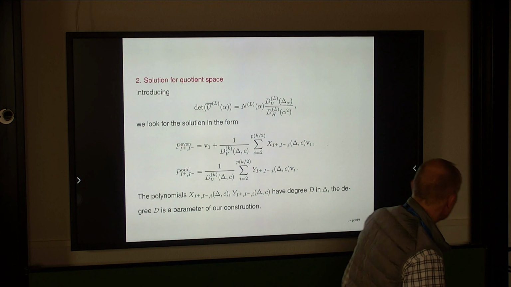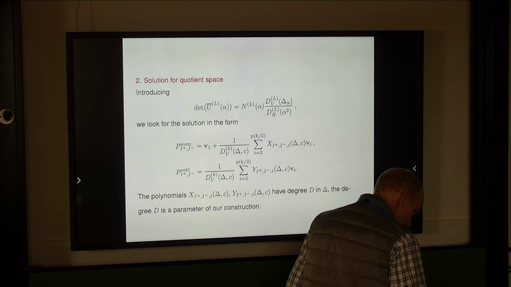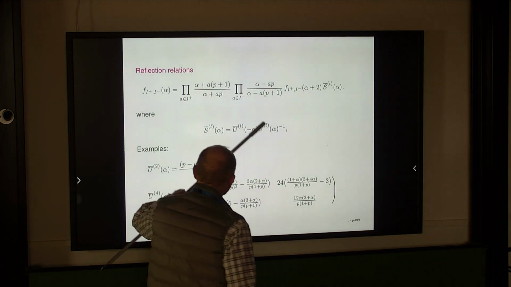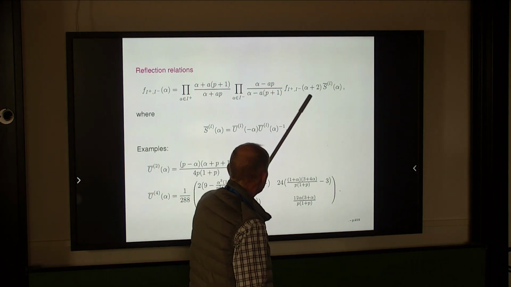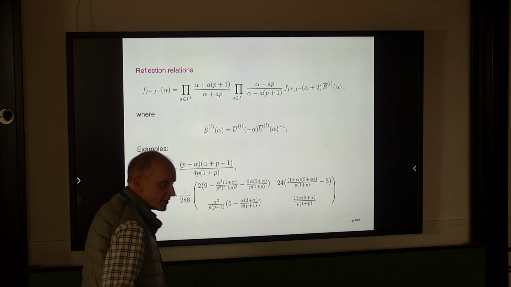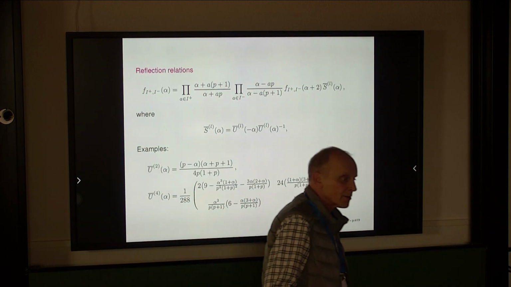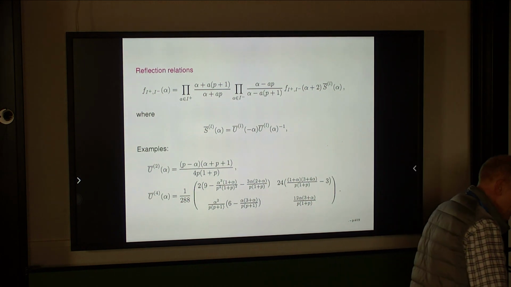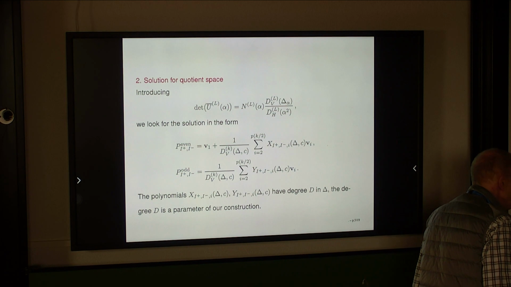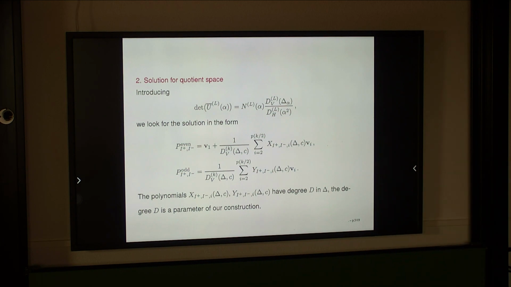My question is about higher levels. You have such an equation, and the multiplier here is a rational function. So you solve this equation with a finite product of gamma functions, right? For any level? For level 2. For level 2, but for higher levels? This is what I'm going to explain.